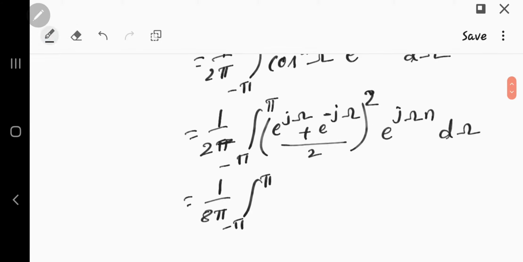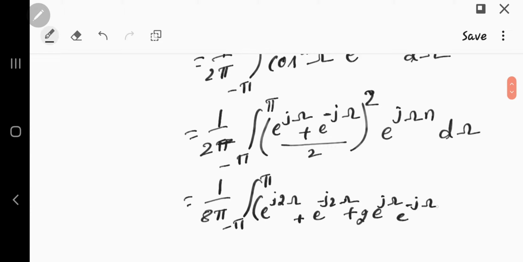So if you elaborate this, it is a square plus b square plus 2ab, that is 2 times e power j omega e power minus j omega. So all these things under 1 into e power j omega n d omega.